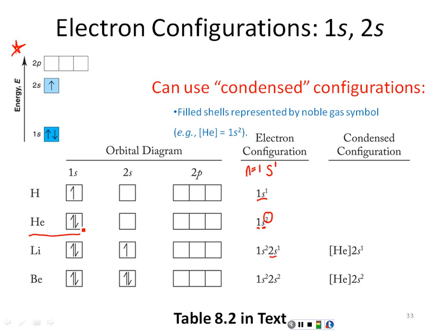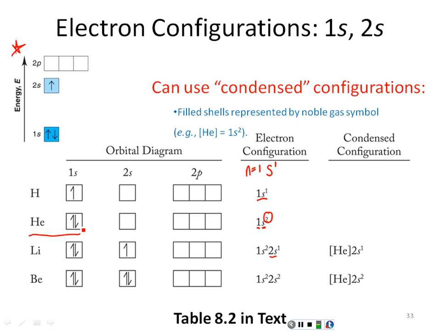And I should mention now that the noble gases, if you don't know, are on the far right-hand side of the periodic table in group 8A, so the last column. And they all, as we'll see in a minute, have a filled valence shell. That's why they're called noble gases: they don't react because their valence electron shells are filled.